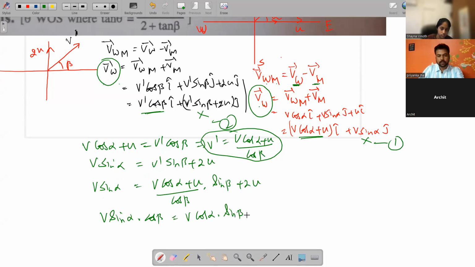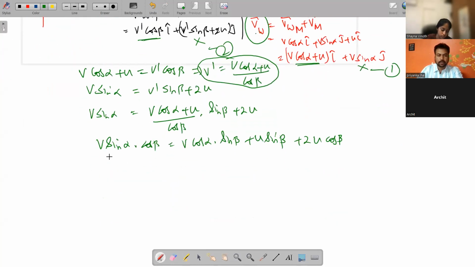Wait, it's not that easy. Let me solve it. Plus 2U cos beta, because we do not have V, we have U. So we have to do something. What we can do is bring terms having V together and keep terms having U together. So bring this to the left.